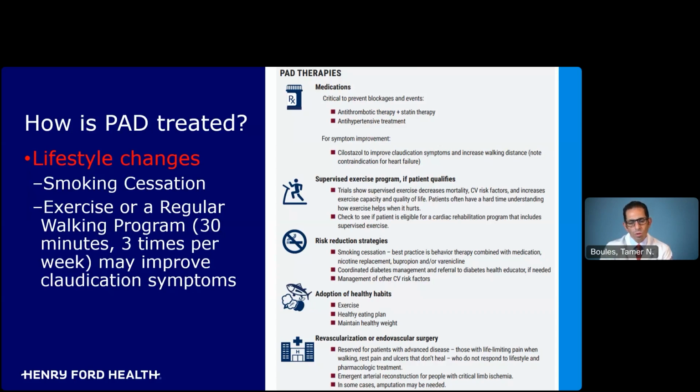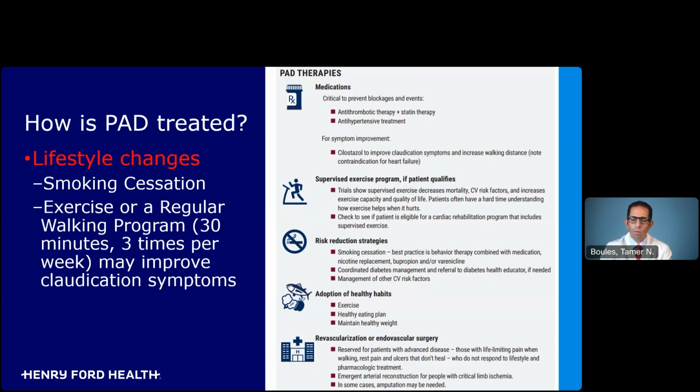And exercise or a regular walking program is important because the distinction that we have in evaluating peripheral arterial disease is that some of those patients that just get tired legs or aching in their legs when they walk, those are not dangerous signs. There are no limb-threatening problems associated with that annoying achy feeling that I'd mentioned earlier called claudication.